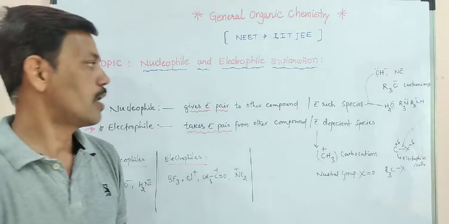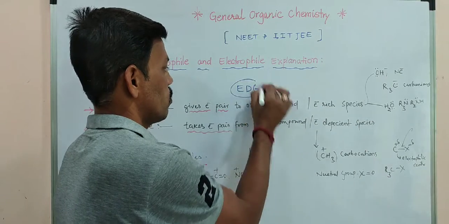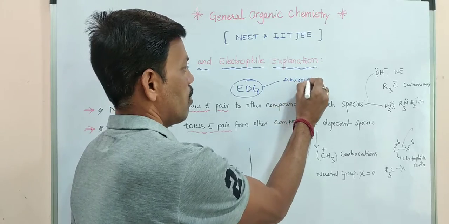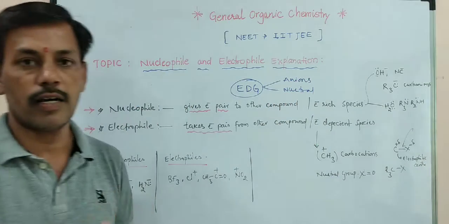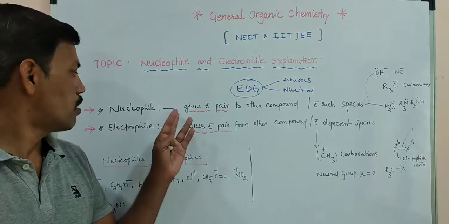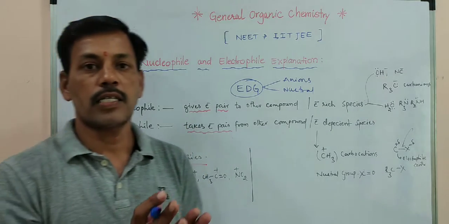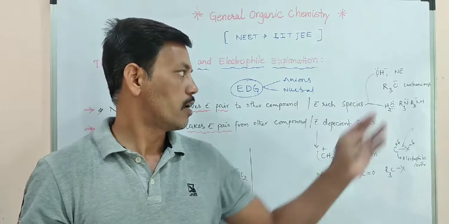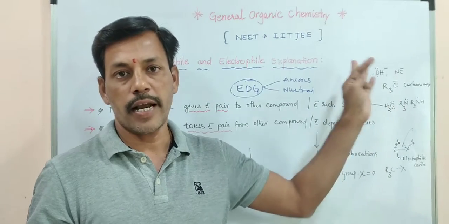Those electron donating groups, either anions or neutral ions, are called nucleophiles. So remember it, nucleophiles are electron donating groups, and give electrons to substituent atoms.